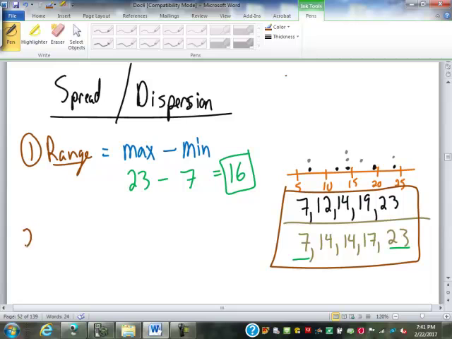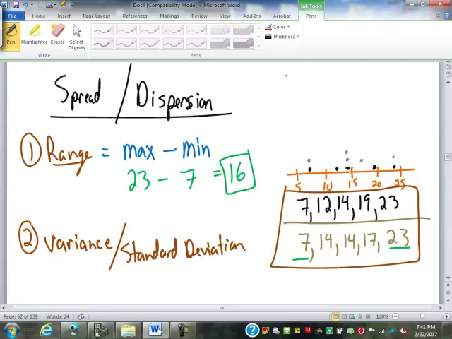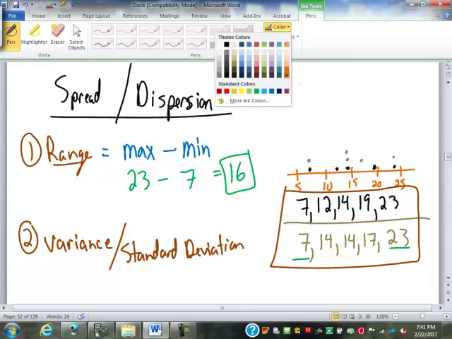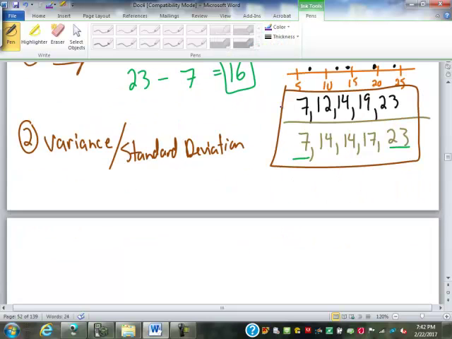Our second one, the one that we use more often, is called, we're going to combine the variance and the standard deviation into one here. The variance and standard deviation are actually slightly different, and it depends on whether we're calculating the standard deviation of a sample or of a population.